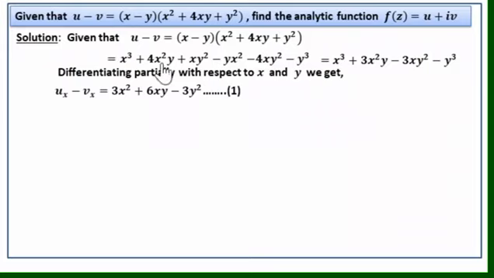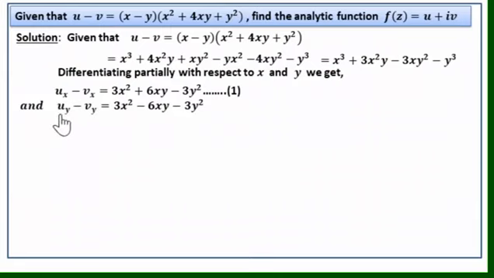We get dou u by dou y minus dou v by dou y equal to, now differentiate this with respect to y, keeping x constant. So we have 0 plus 3x square minus 6xy minus 3y square. We get this.